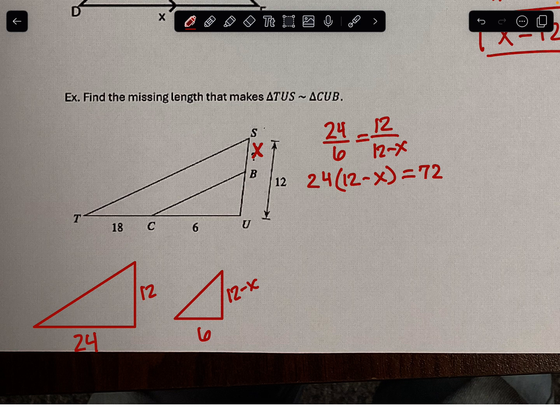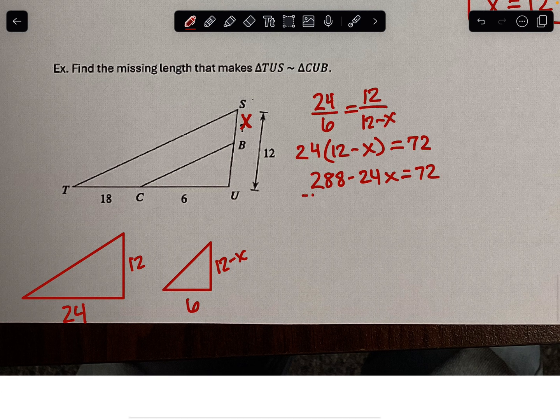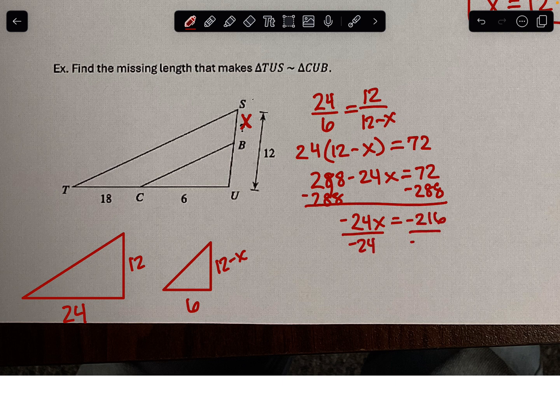We need 288 minus 24x. Good. Minus 24x is equal to 72. We subtract 288 from both sides, you get negative 216. Good. So we divide by negative 24, and our x value is 9. Good.